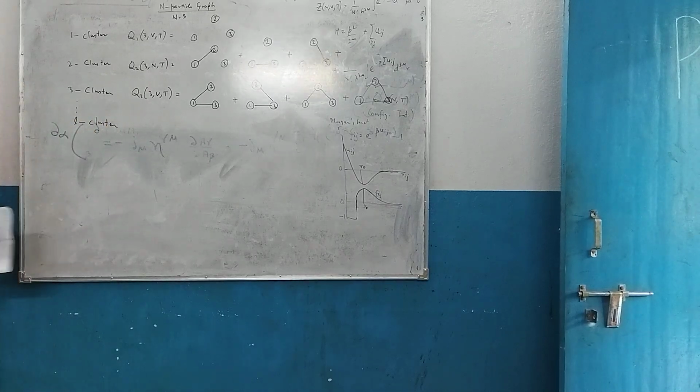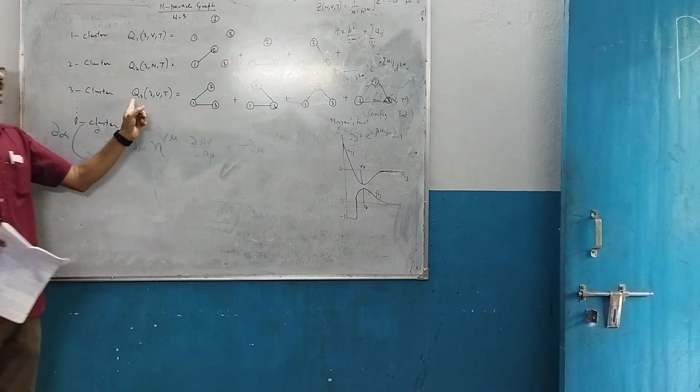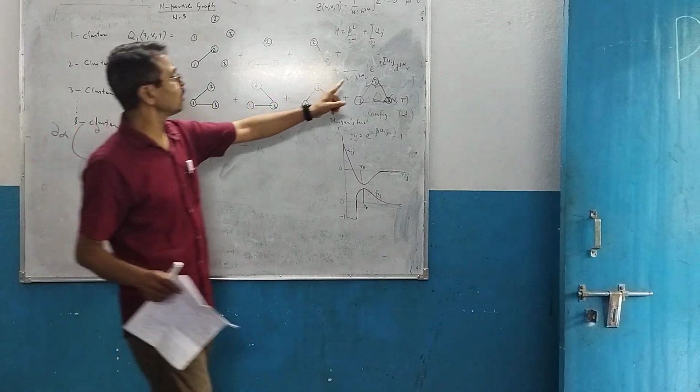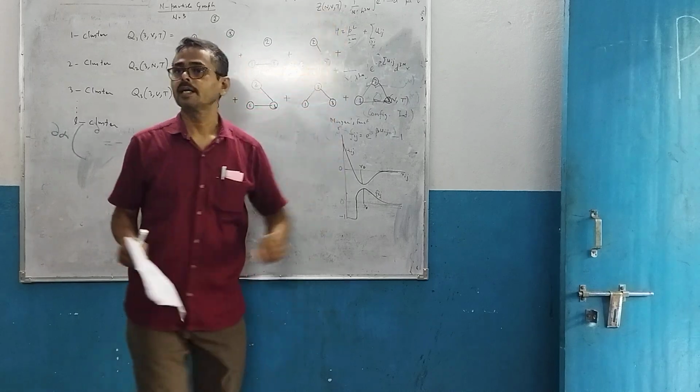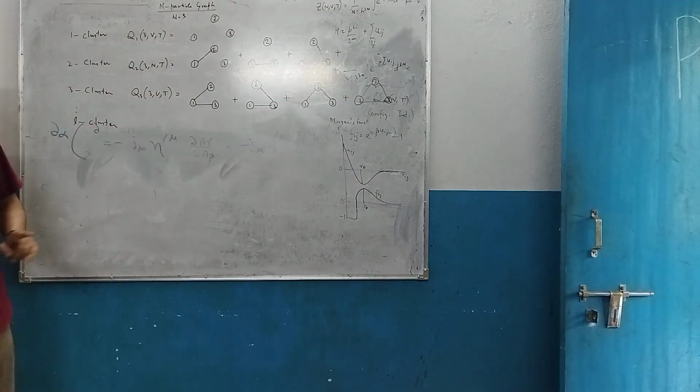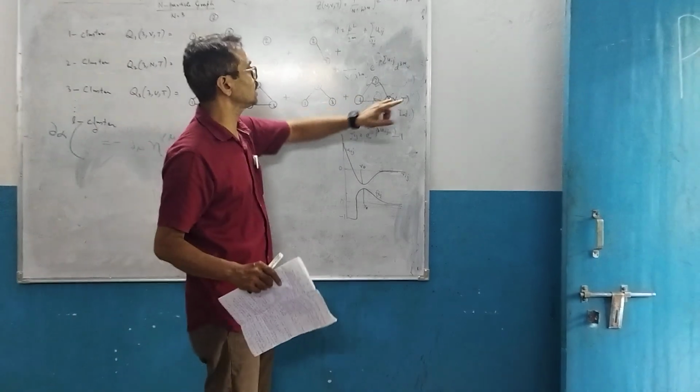Suppose you have an L cluster system because you have so many particles. This is nothing but the part of the canonical partition function, the configuration integral.